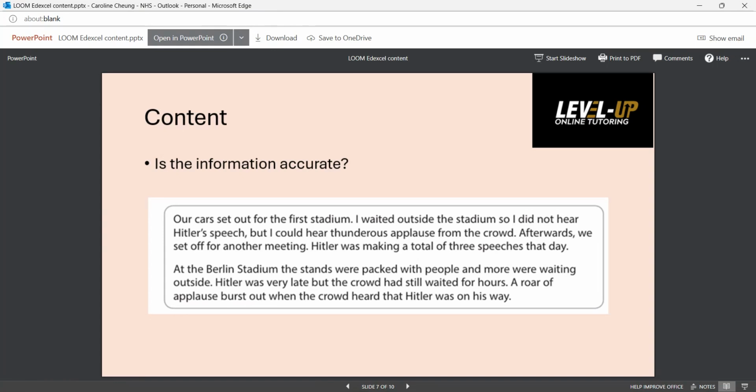Maybe I talk about how the Nazis were very careful to tailor their speeches to individual locations, what it was that people wanted to hear, so that Hitler's speeches were well received, something like that. So, from all that knowledge, reading the source, it's accurate. So, from my own knowledge, it fits with what I know.